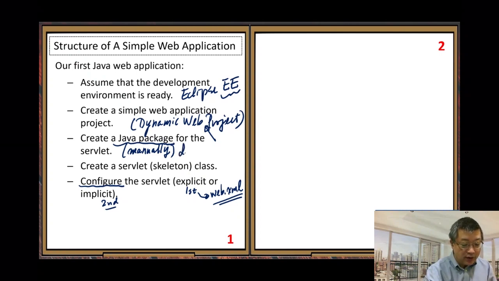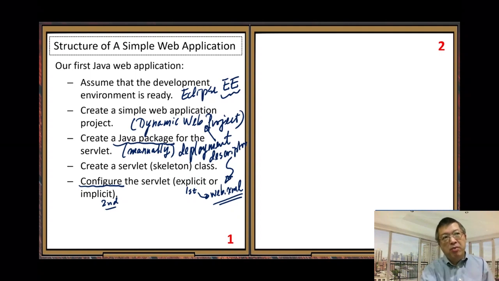The web.xml is the most important file in a Java web application. It is very important. All right, that's the explicit. So you see the configuration elements we use. I will give you that part in my servlet example. I will show you how to do it. All right, that's the explicit configuration.